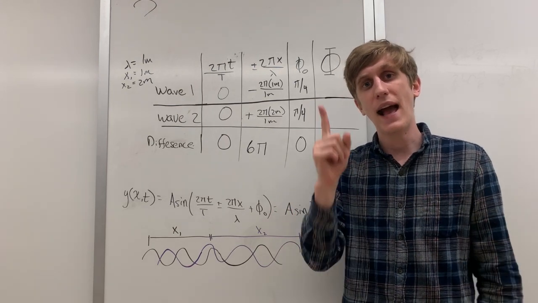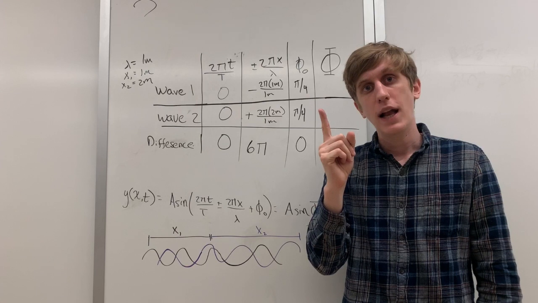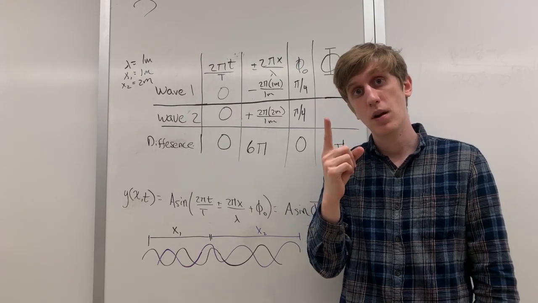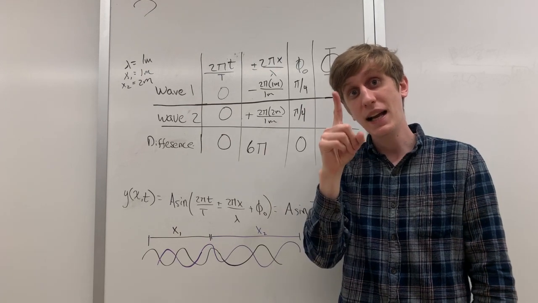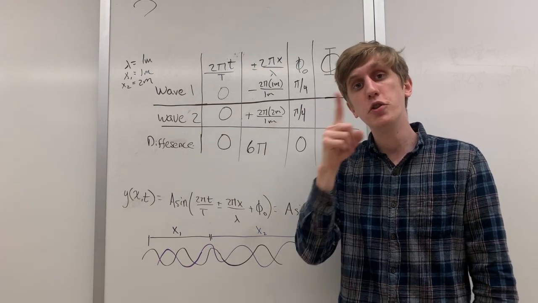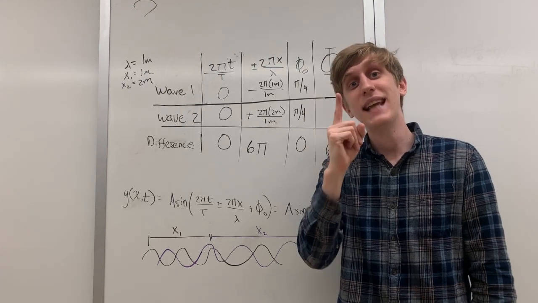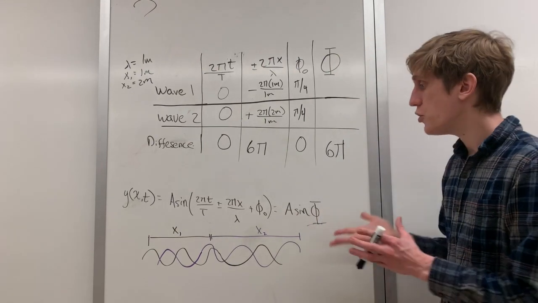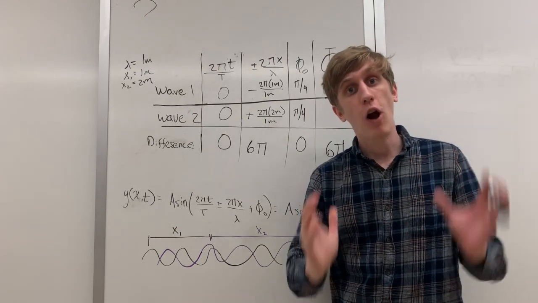If we have a wave at its maximum, increasing the phase by 2 pi takes it back to another maximum. Increasing by another 2 pi takes it back to a maximum again, and increasing by another 2 pi to get to 6 pi takes us back again to a maximum. So these two waves are interfering constructively.